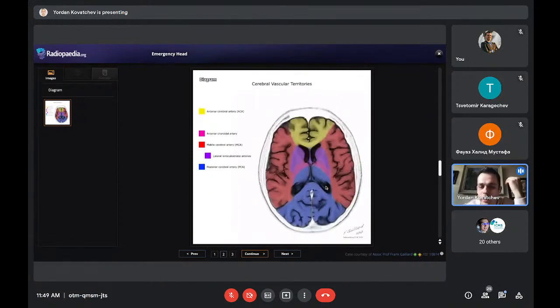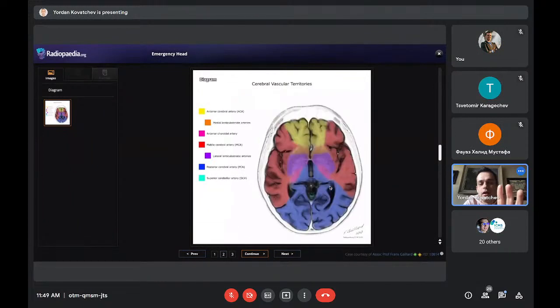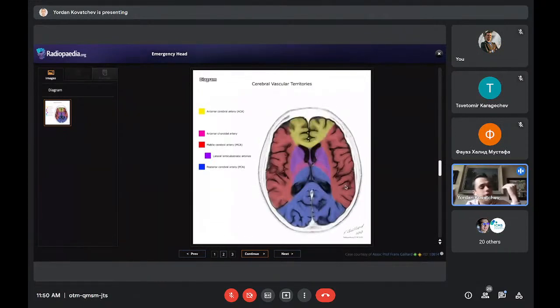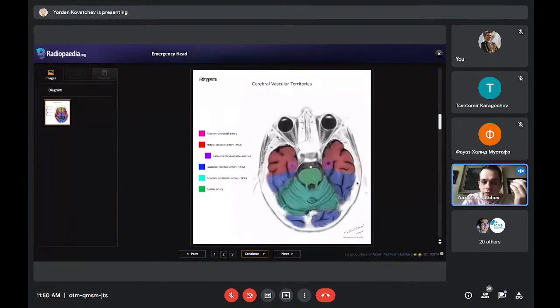You need to understand why you know this anatomy. So this is something, in Radiopaedia, I open at least a few times a week: the cerebrovascular territories. Because when I see a change somewhere in the brain, I have to think, which artery supplies this part of the brain?